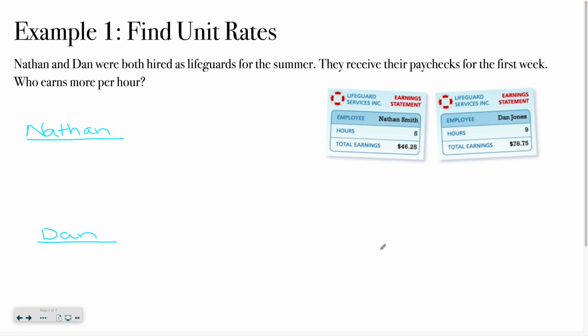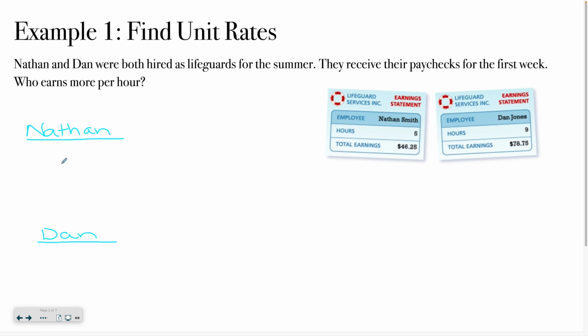We want to figure out who earns more. Based on this little earnings statement, Nathan worked a total of 5 hours and he earned $46.25. So how could we find how much he earns per hour?